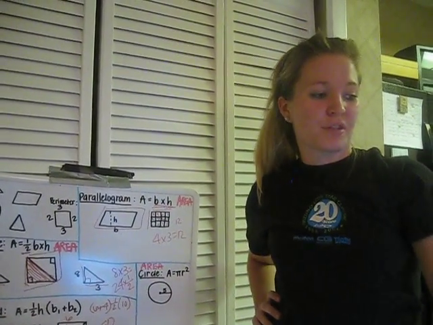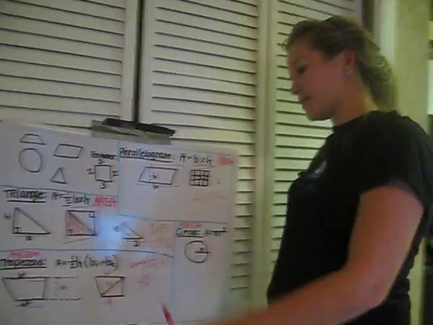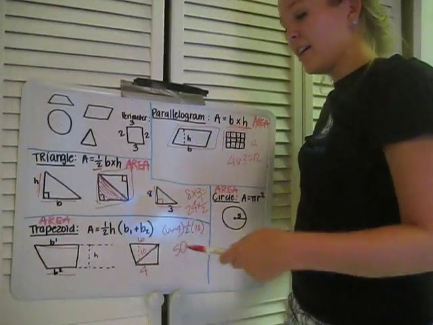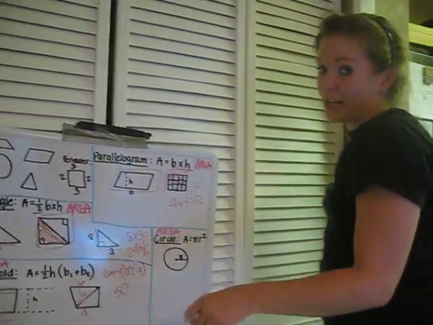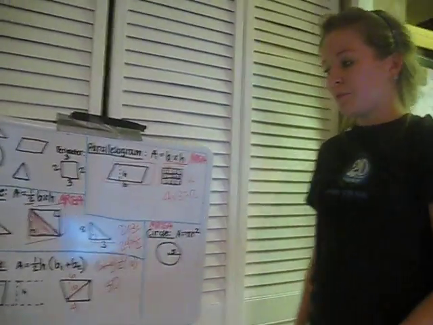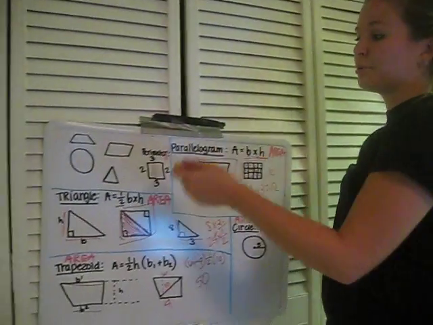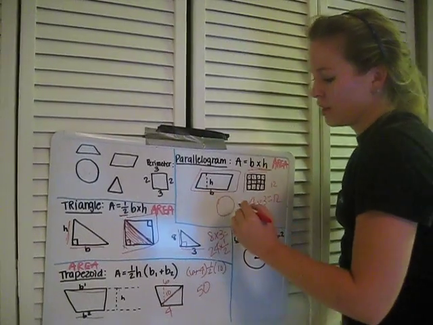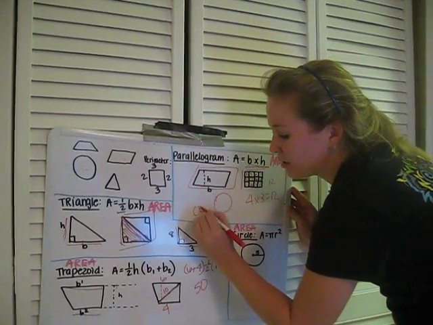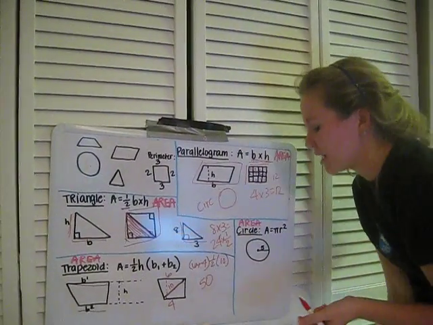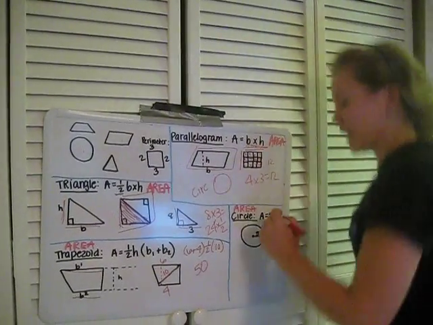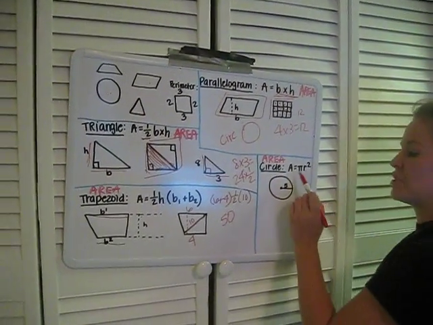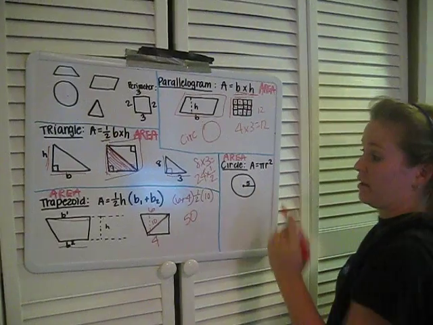Now we have a circle, which is different because we don't have a base, we don't have a height. This time we just have to deal with radiuses. Now we learned before the perimeter of a circle was called the circumference, and we learned that last time. Well, this time we're doing area, which is pi r squared.